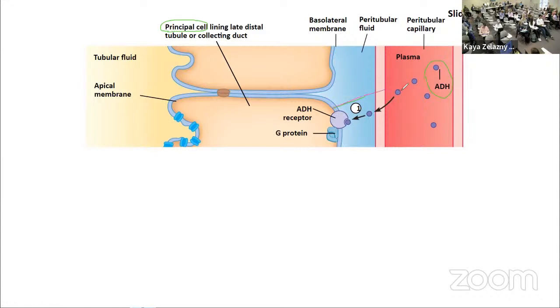So here we see that ADH molecule coming in and binding to our ADH receptor on the basolateral membrane of this principal cell. Okay, so this is how we receive that signal. So how we know that we have ADH present, so we know we're going to change how much water we're reabsorbing.